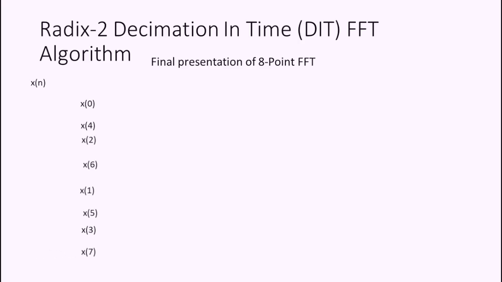Here n is equal to 8, so there are 3 stages, because 8 is equal to 2 to the power 3, and so the number of stages will be 3.